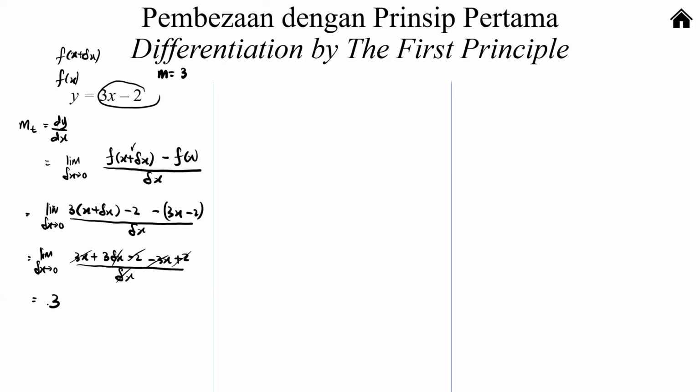Okay? So you can use this formula, or if you don't want to use the formula, then it will be like this. When y equals 3x minus 2, I create my second point. My second point will be y plus delta y, and therefore my x also increases, x plus delta x.